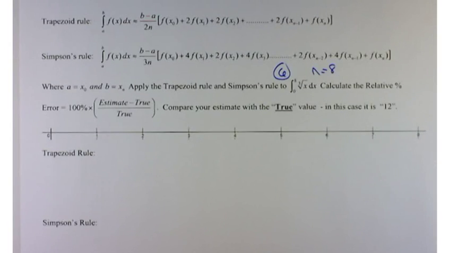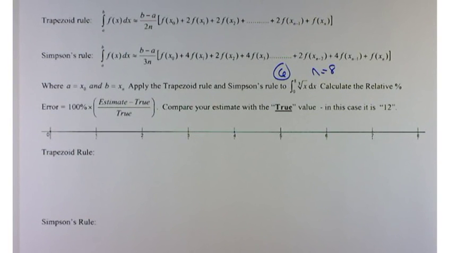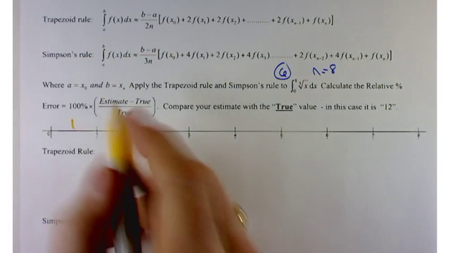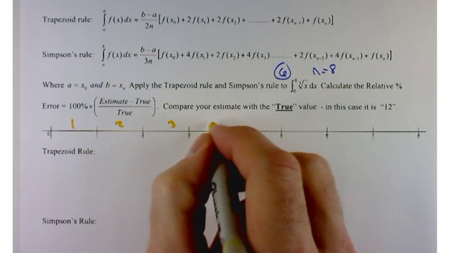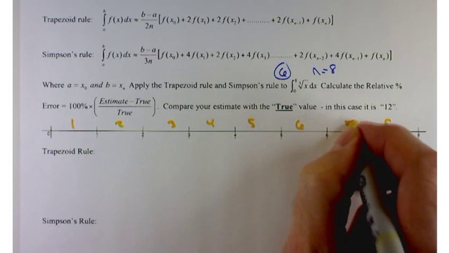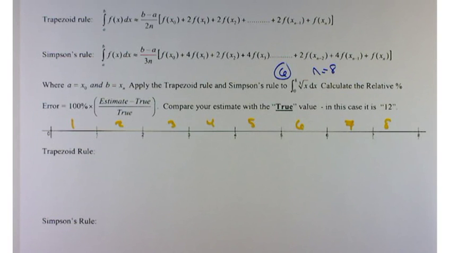So let's understand that a little bit. We've got the interval from 0 to 8, so 1, 2, 3, 4, 5, 6, 7, 8. Those are our subintervals. But keep an eye on something here.